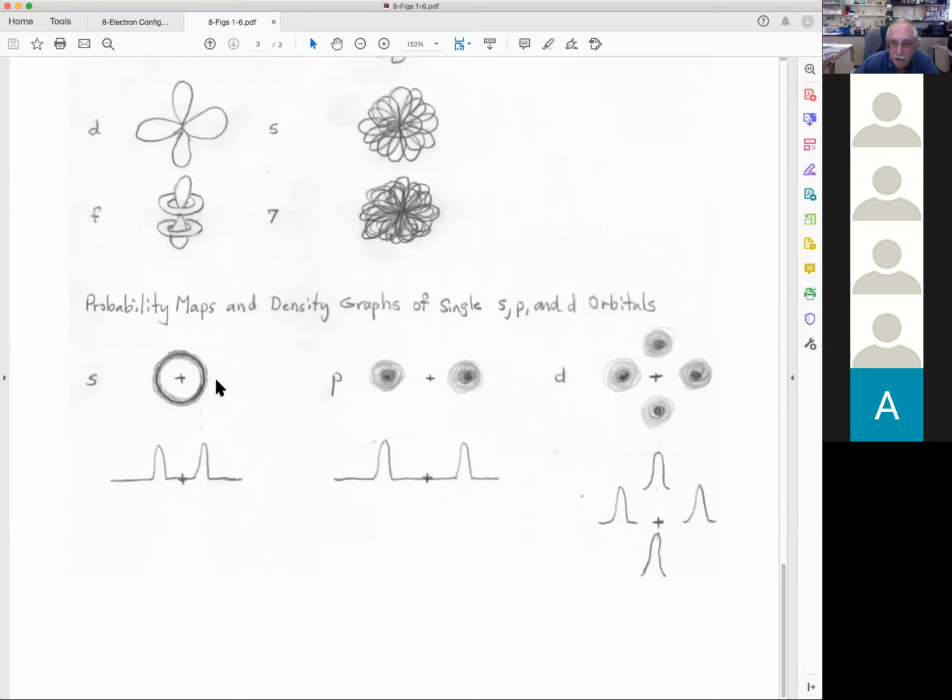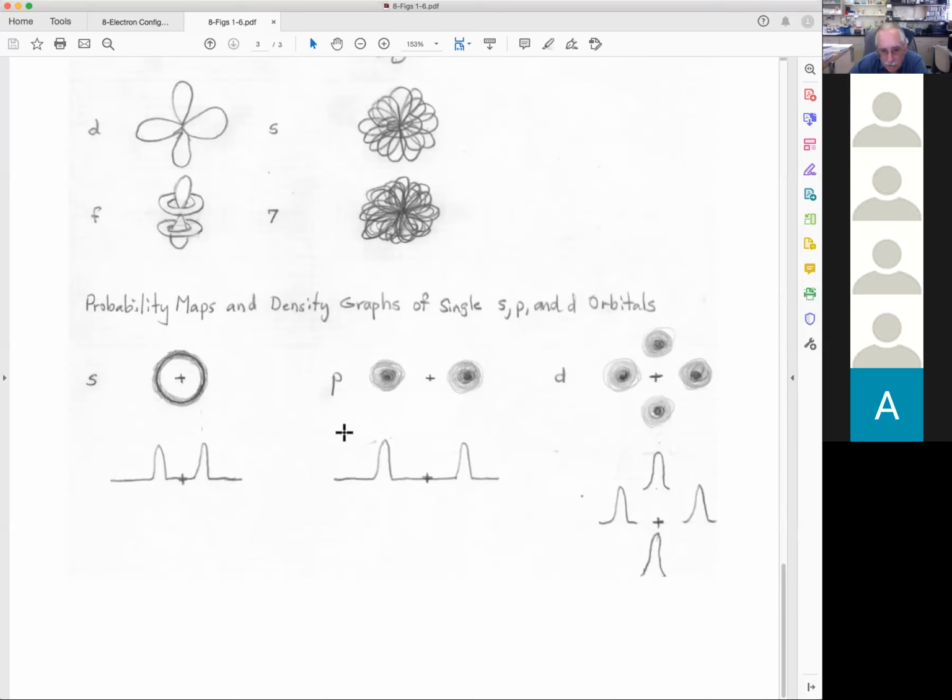So now if I take a density meter and run it through here, I get 0 probability, and then I get some probability here. Now I have a high probability, and then it goes down, and then it goes like this again. And right in the middle is where the nucleus is.